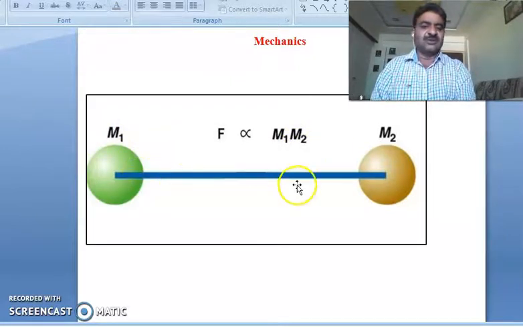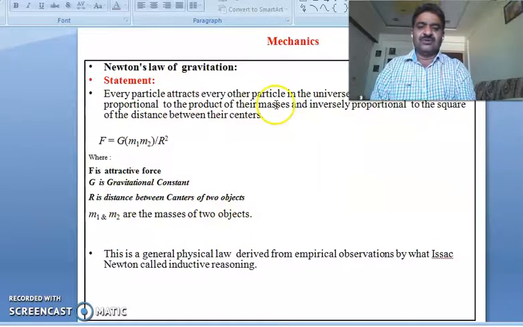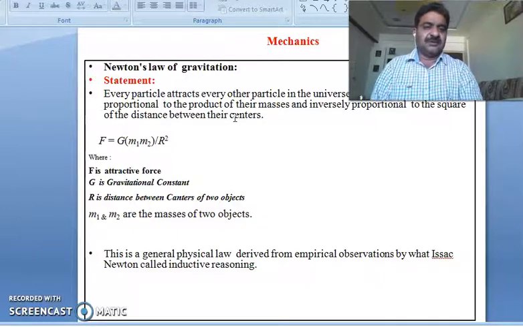Like this, product of masses and distance between them, that is all. Inversely proportional to the square of the distance between their centers.